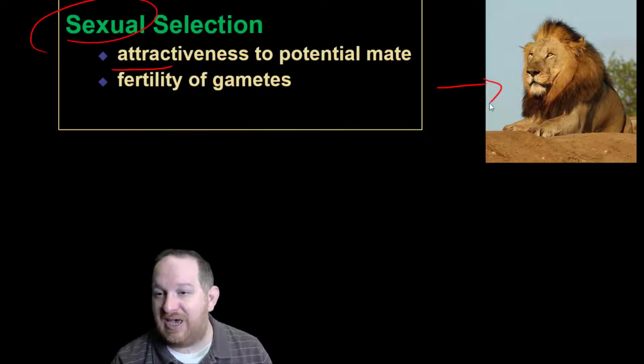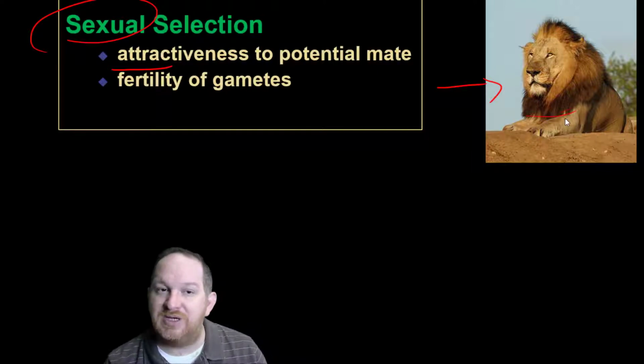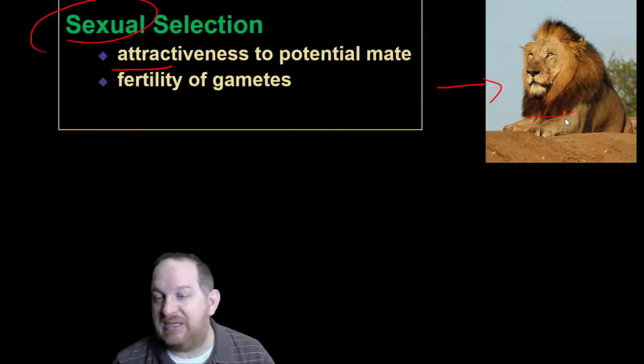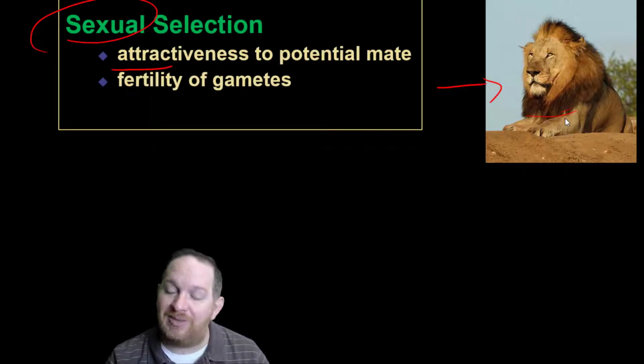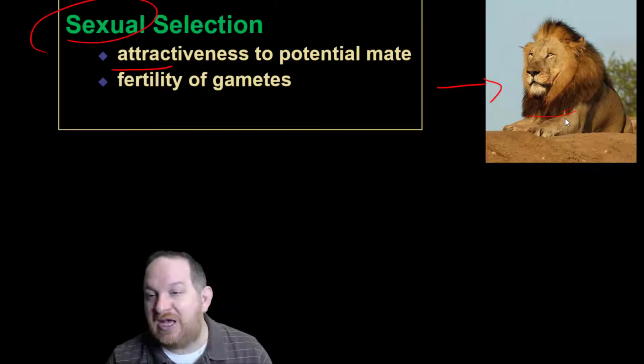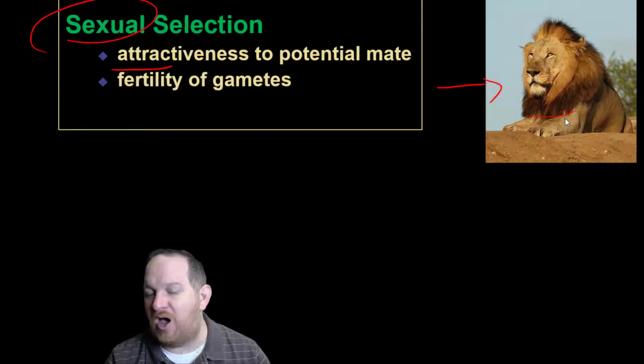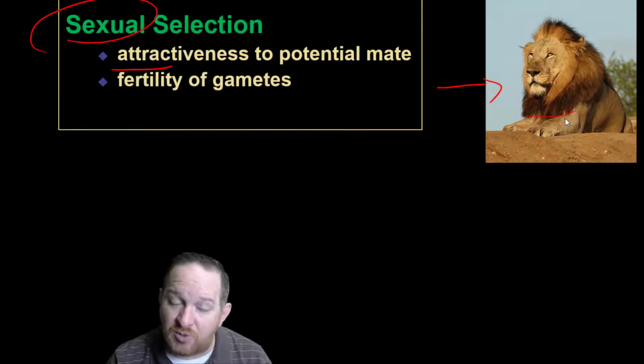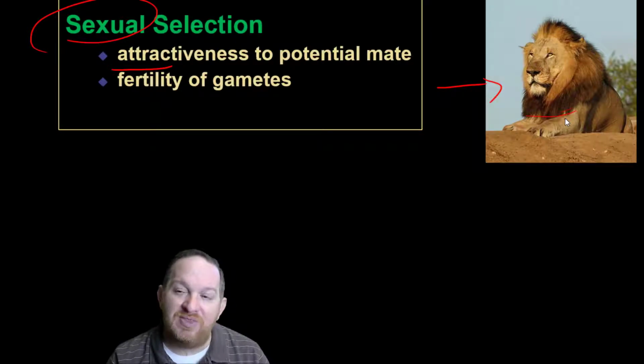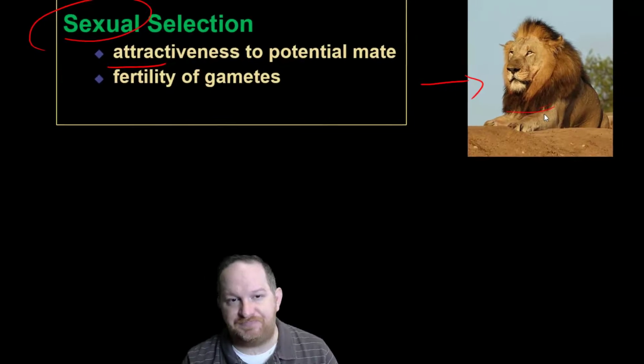In this case, the darkness of the mane is actually a sexual selective mechanism. Lionesses prefer the dark mane, probably because a dark mane absorbs more heat, so those males are more likely to survive in the hot climate where we find lions. But the lionesses prefer these really dark manes in the alpha males.